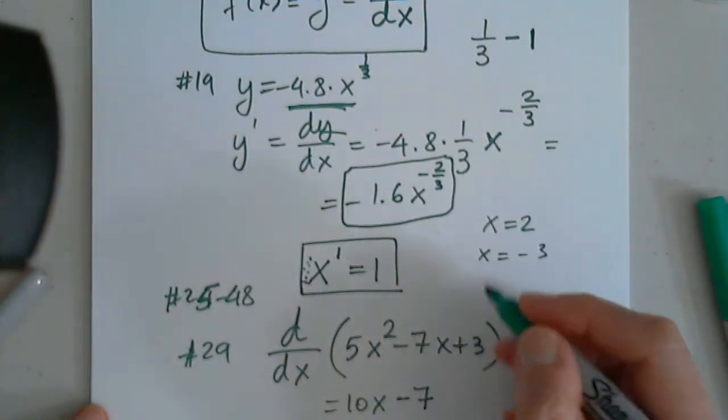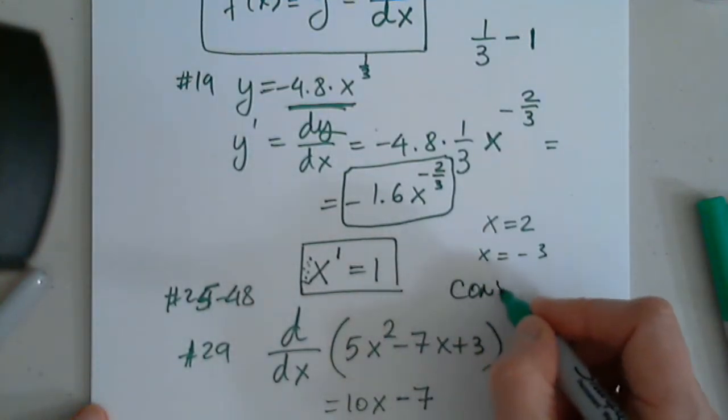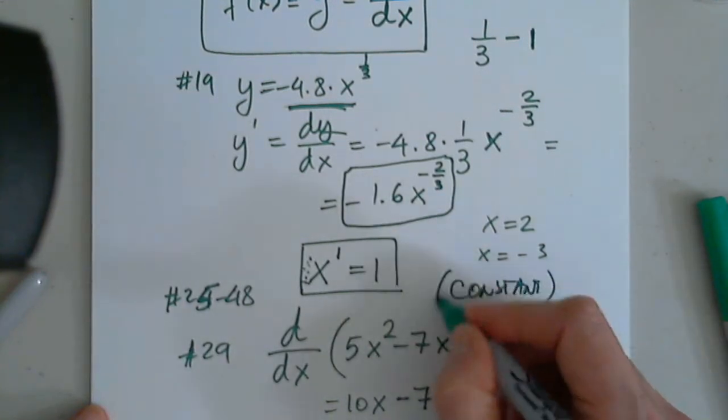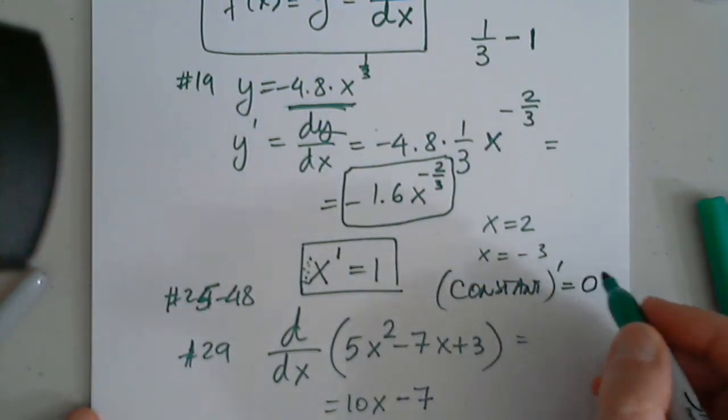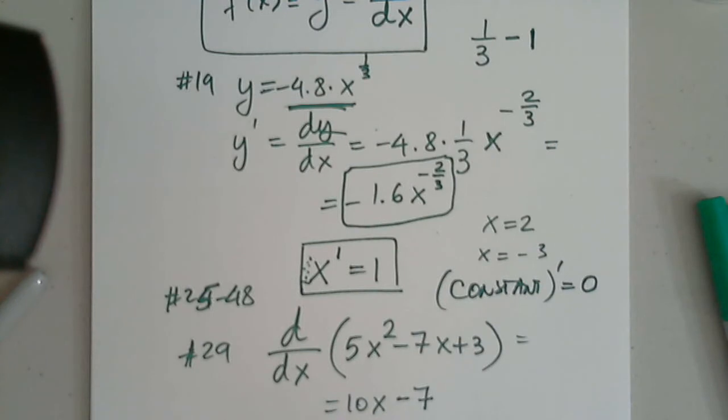And when we differentiate a constant, any constant prime is 0. A constant doesn't have a rate of change. A constant is a number, and its rate of change is 0. So the derivative with respect to x of this function is 10x minus 7.